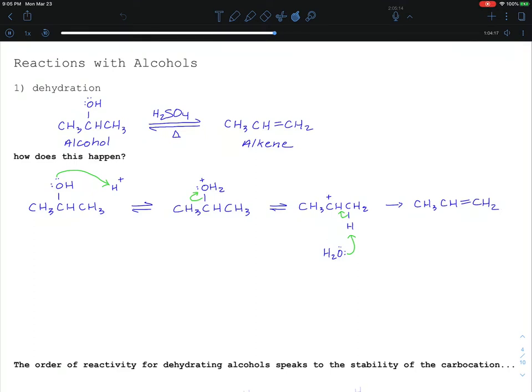And we get an alkene. And we'll probably reprotonate the conjugate base of the sulfuric acid, whatever. So you get your alkene. This is an elimination reaction, right?